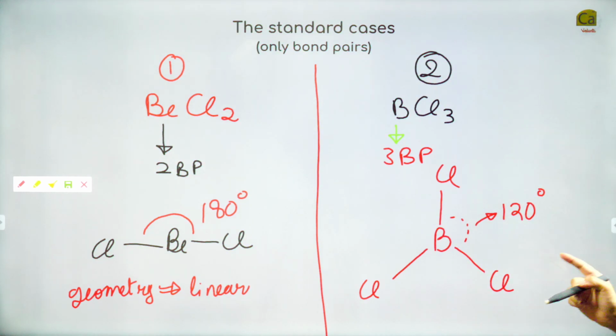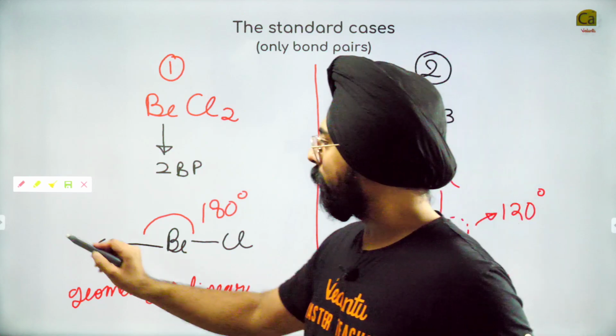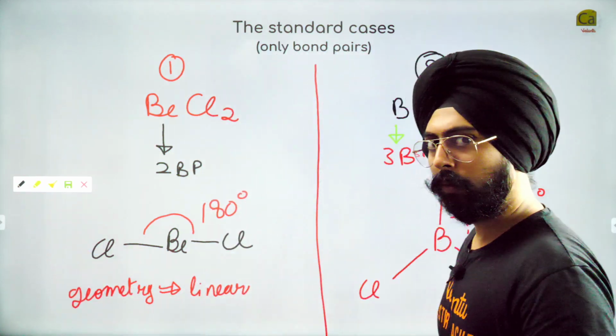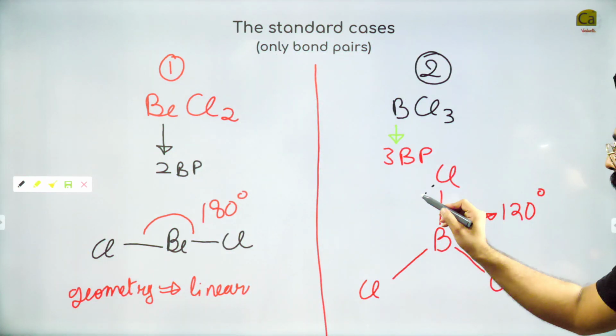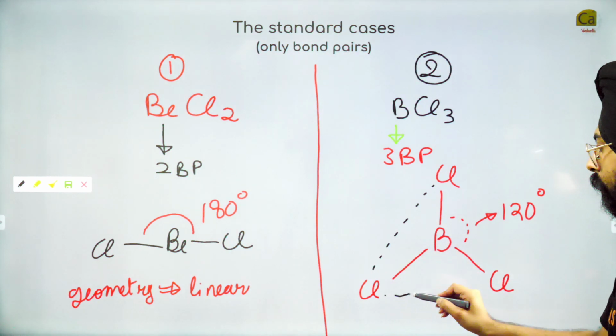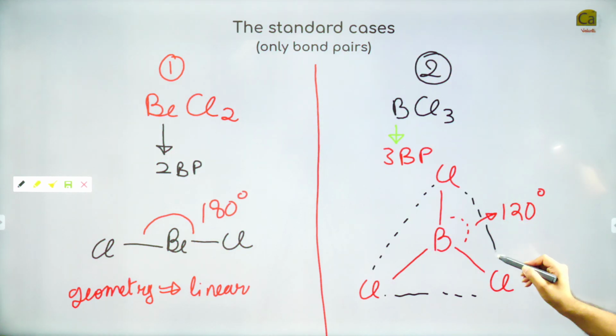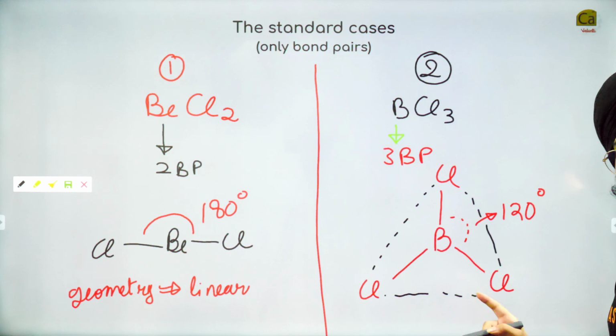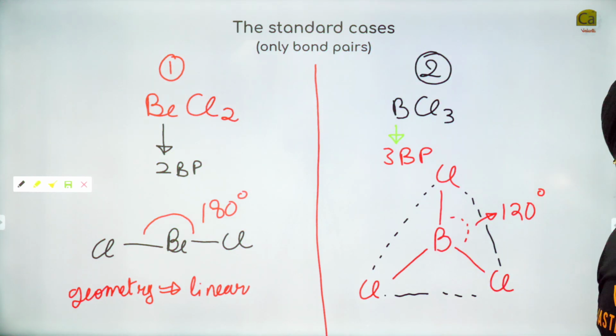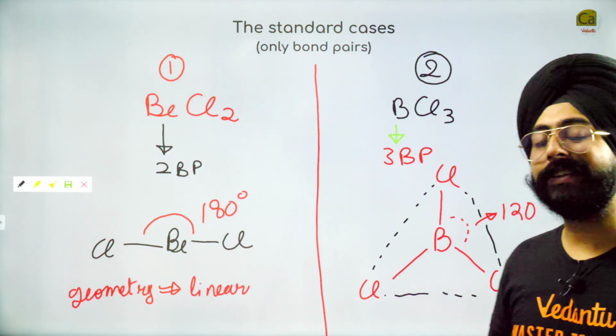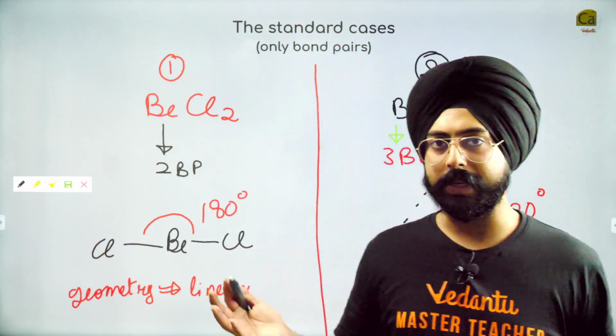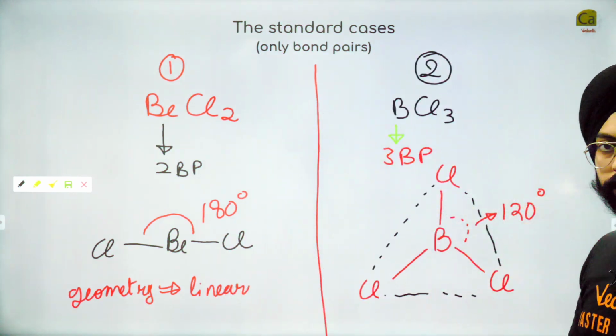My dear friends, can you see there is a triangle that exists over here? ऐसा triangle सा दिख रहा है? So this particular geometry is called a trigonal geometry because we can think about a triangle getting formed.